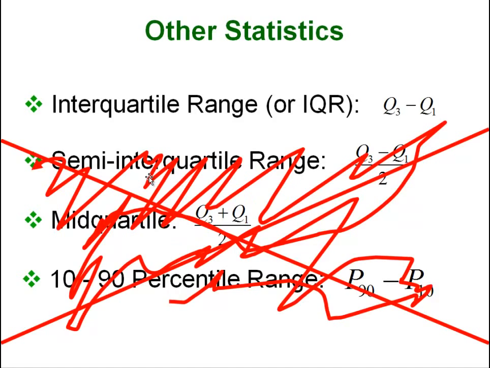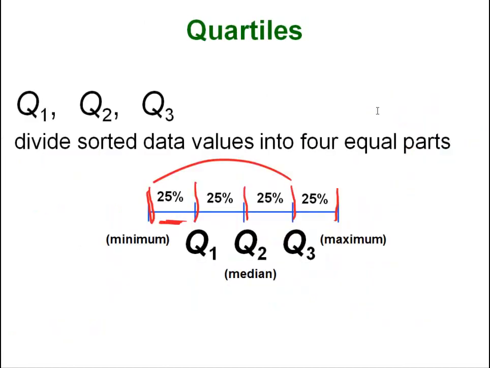Okay, there are some other things on this slide that we don't really use a lot. The only thing you want to pay attention to is the IQR, the interquartile range. And that's the difference between Q3 and Q1. So back on this slide, we can see that the interquartile range is just this distance right here.